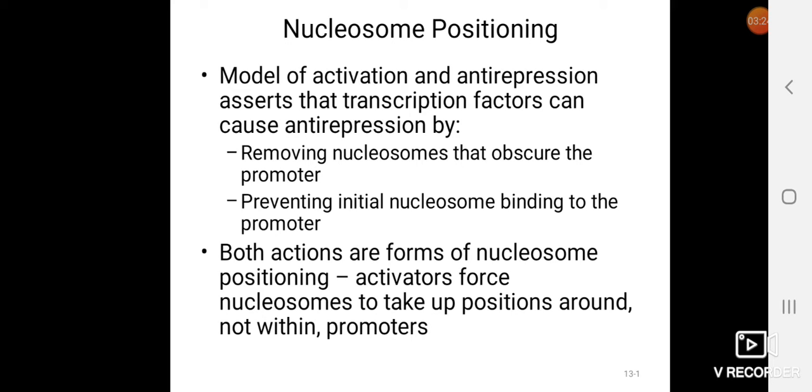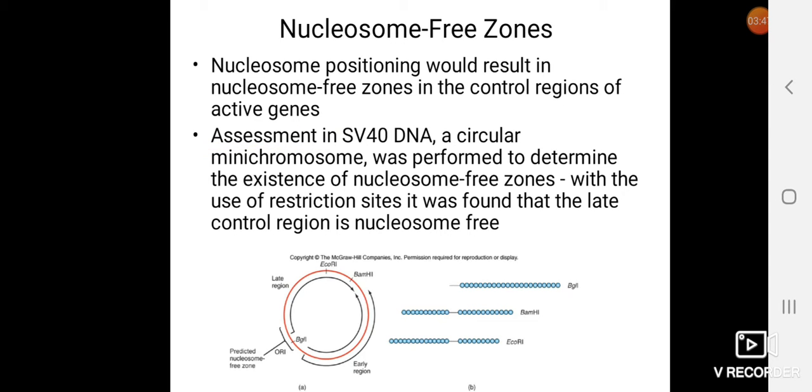This nucleosomal positioning is going to happen due to the binding of activators. They force the nucleosome to take up a position around the promoter, so that the promoter will be available for the transcription factors and not within the promoter or covering the promoter. This particular experimentation was done in order to confirm the nucleosome positioning.